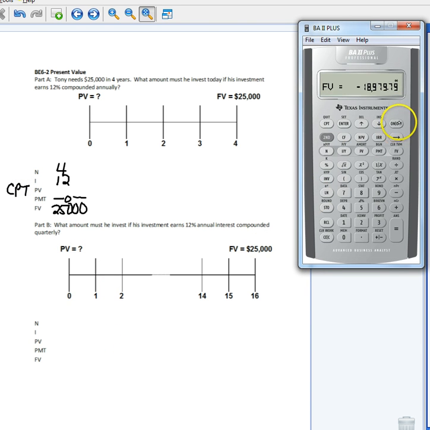So clear out your calculator, key all that in. Let's see what you get. Compute present value, and you should get 15,888 if I round up.